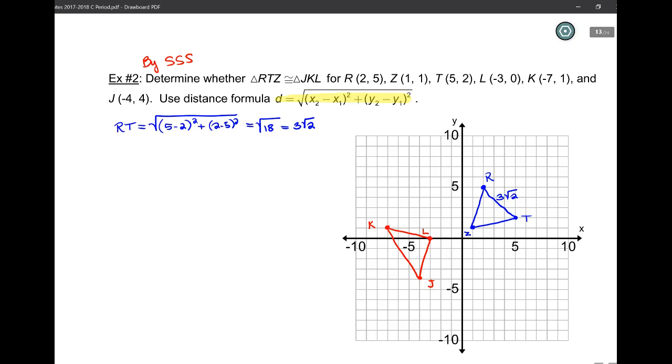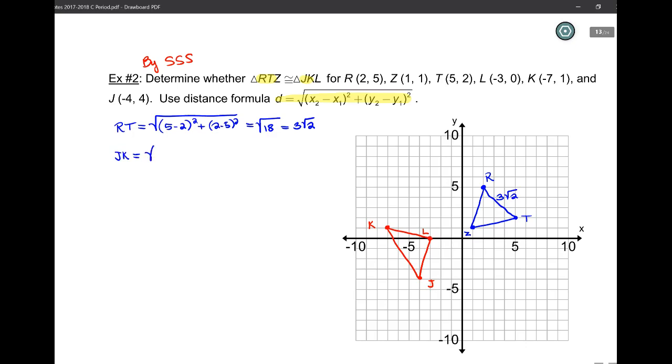What I'm going to do is I'm actually going to jump to the other triangle, because if I can rule out a pair of sides that aren't congruent, then I don't need to keep going. I don't have to use the distance formula over and over again. So if I look at RT, or the first 2 letters, that should match up with JK. So I'm going to check segment JK and see what that measure is going to be.